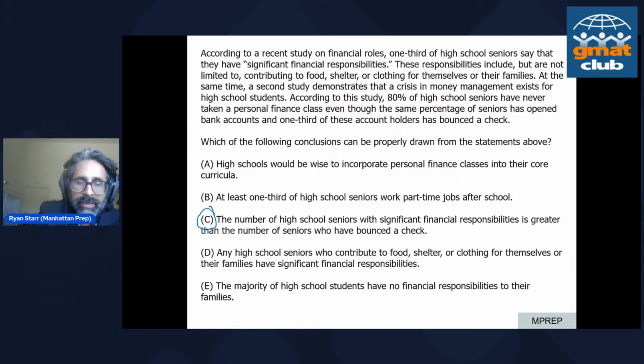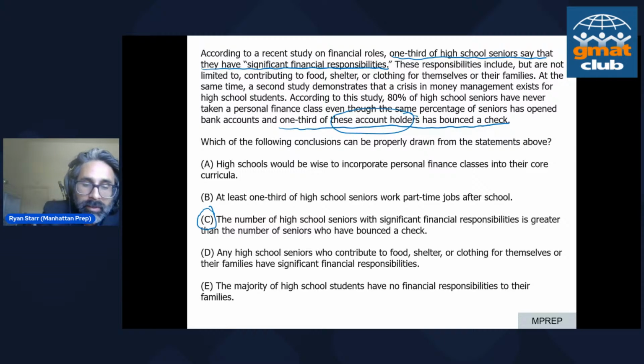Now, why? What justifies it? We've got 1/3 of high school seniors saying that they have significant financial responsibilities, and later we've got 1/3 of these account holders has bounced a check. But these account holders, so it looks like the same number, except these account holders is not the same group as high school seniors.